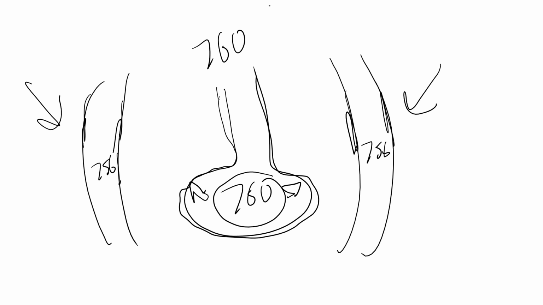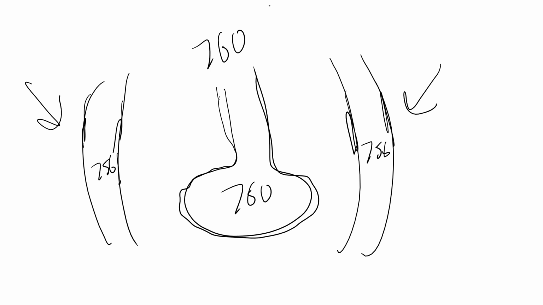So again, this is the end of inspiration and the beginning of expiration. The alveoli are very large, right? They're heavily expanded, and they're packed with air that came in from the atmosphere. Okay, now all of a sudden, transpulmonary pressure decreases because intrapleural pressure increases, right?